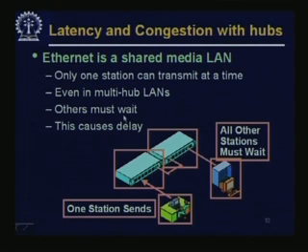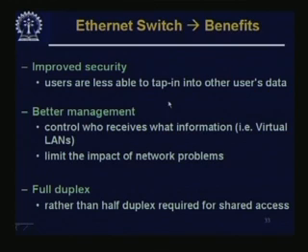Okay. So, this is the big limitation of latency and congestion with hubs. To improve this, people moved over from hubs to switches, packet switches actually, as we have talked about packet switches before. This is where they are very useful. It gives you improved security.